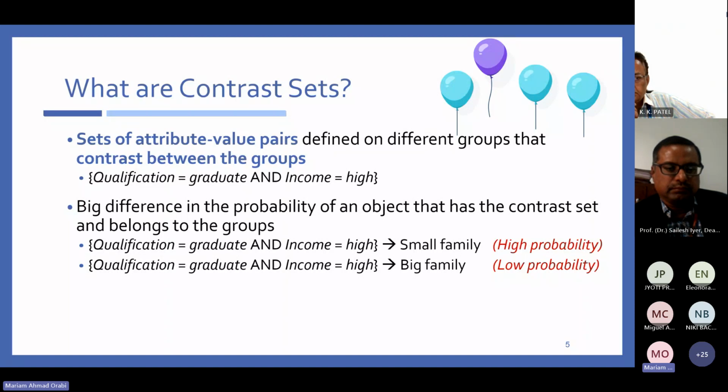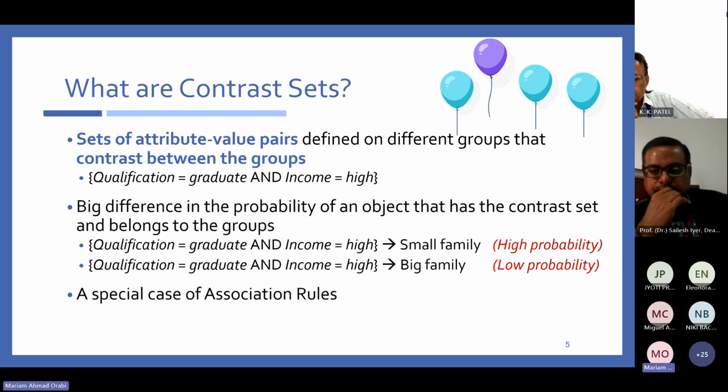For example, given the contrast set that we just talked about, the probability of having these attribute value pairs and being in the group of small families is high, but the probability of having this contrast set and being in a big family is low. Contrast sets are a special case of association rules.